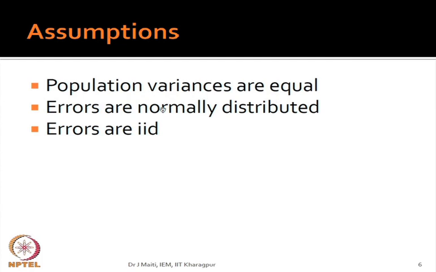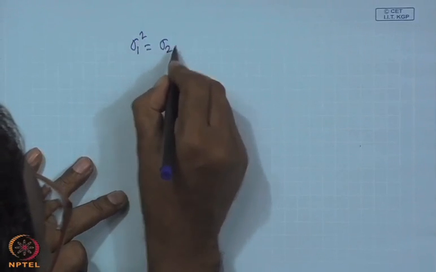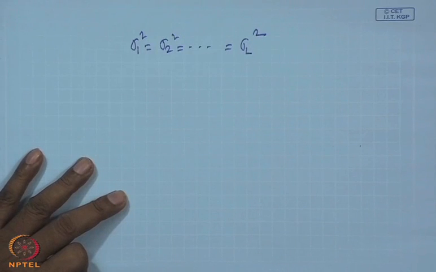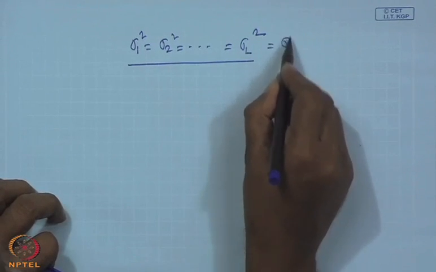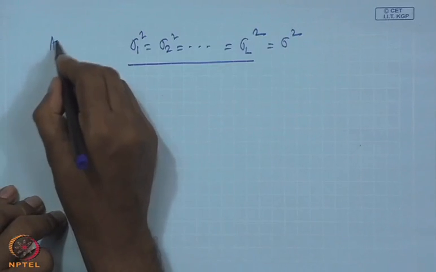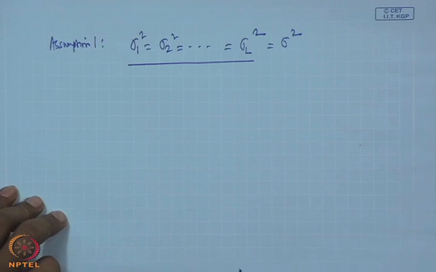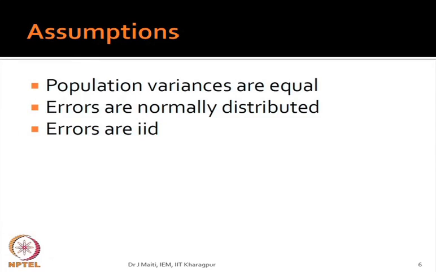So you are sampling from L populations, and the population variances must be equal. That means sigma 1 square equals sigma 2 square equals sigma L square. Okay, this is to be satisfied. This is our first assumption. Assumption 2 is errors are normally distributed.